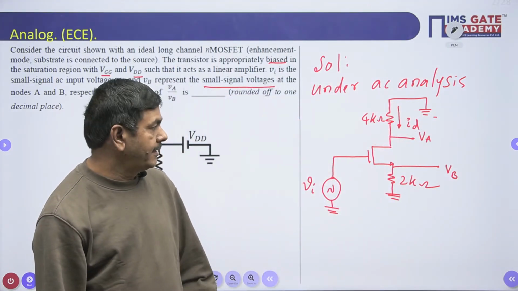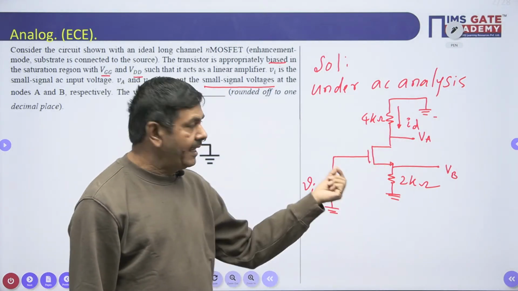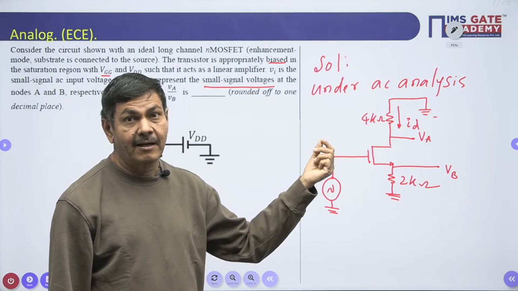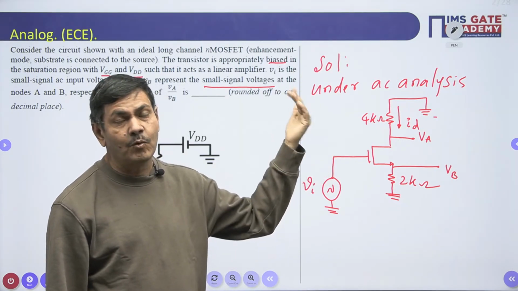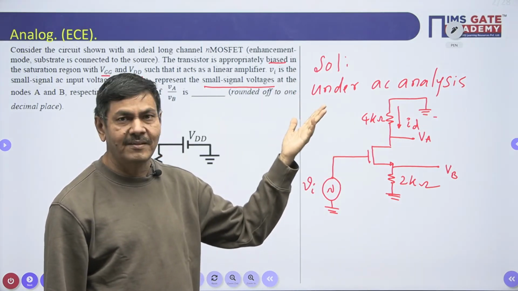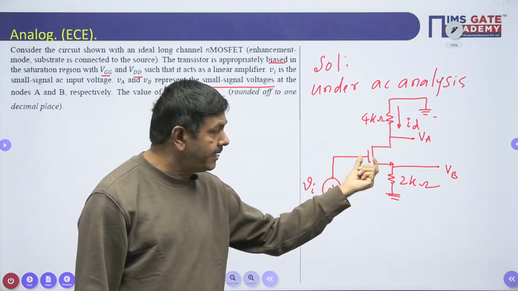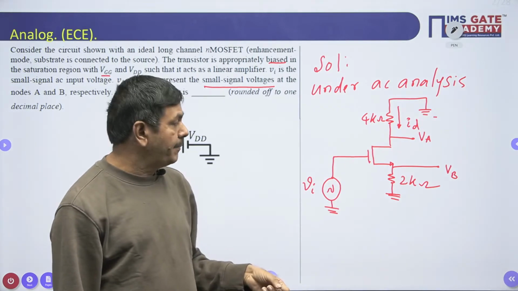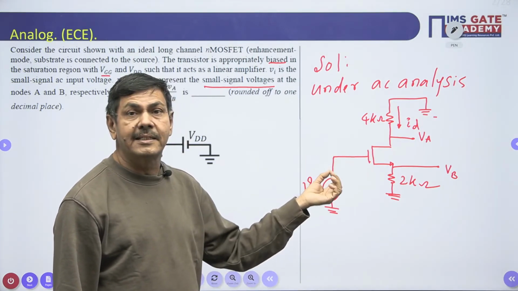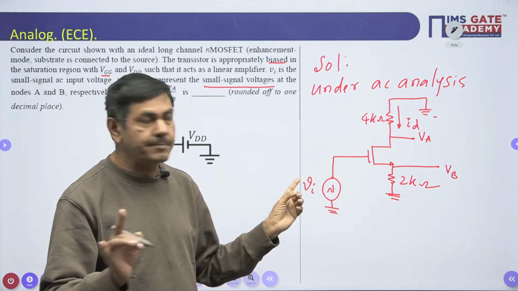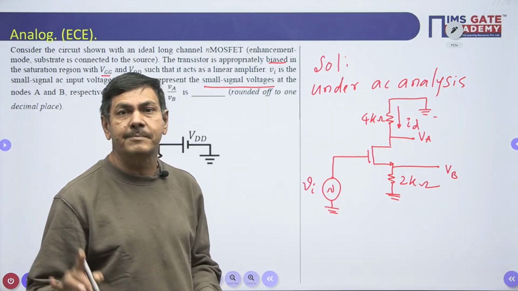We know very well the MOSFET has a very high resistance at the input side, not in mega, it is in giga ohms. As we got the high resistance at the gate, the gate current must be taken as approximately 0.